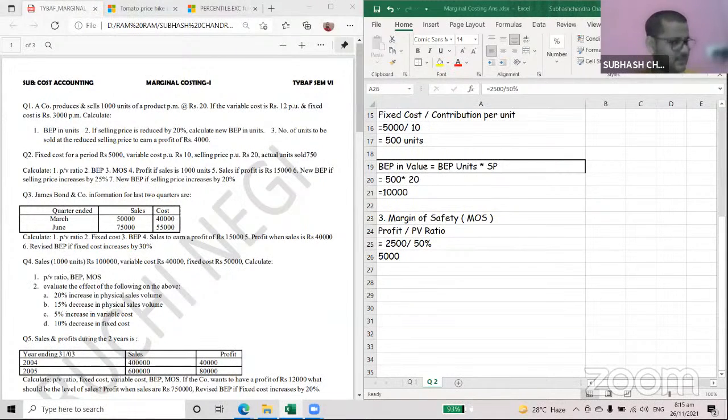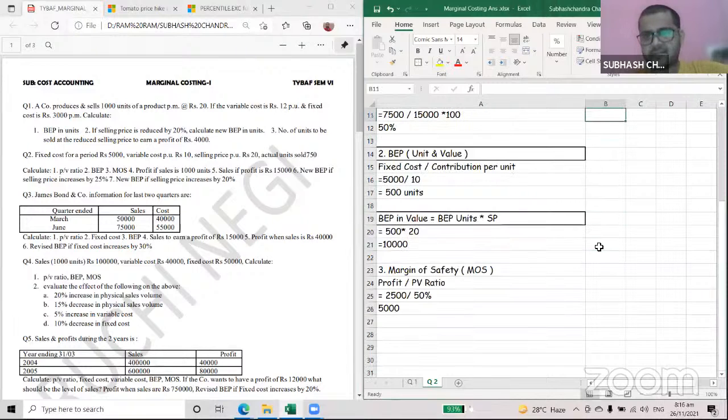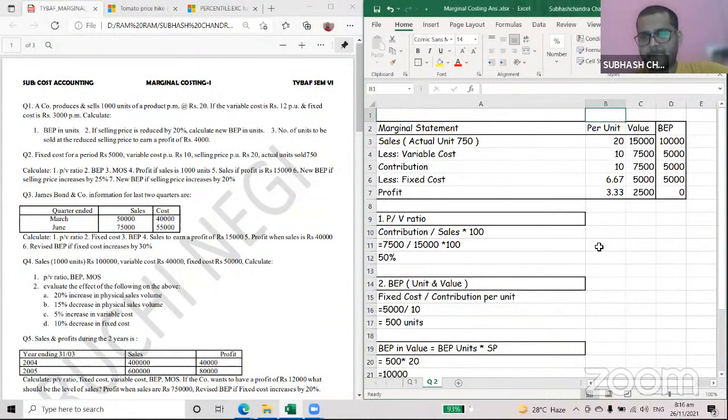See, if you cannot analyze this, let's go to the chart. That's the marginal statement. This one is the right one. Don't worry. Now check what is your break-even point here.